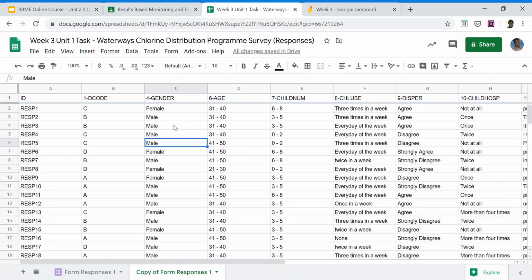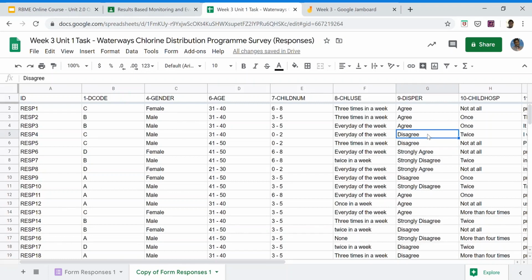So that's a question I can take a look at, and I can also think about what they feel about the distribution that was done by our distributor. How did the users feel about the messages they passed across when they were distributing the chlorine? What was the users' perspective about the distribution, the communication behind the distribution?